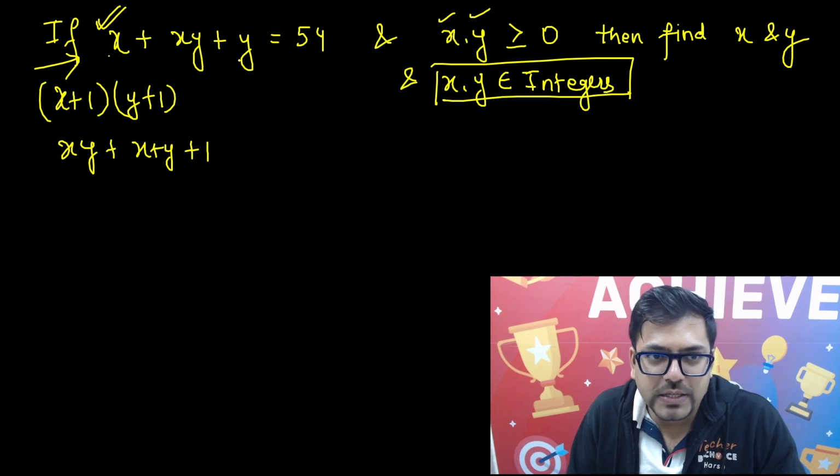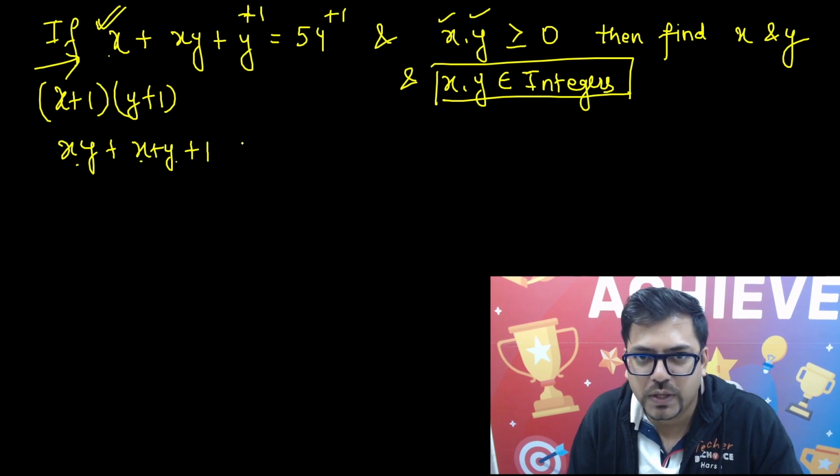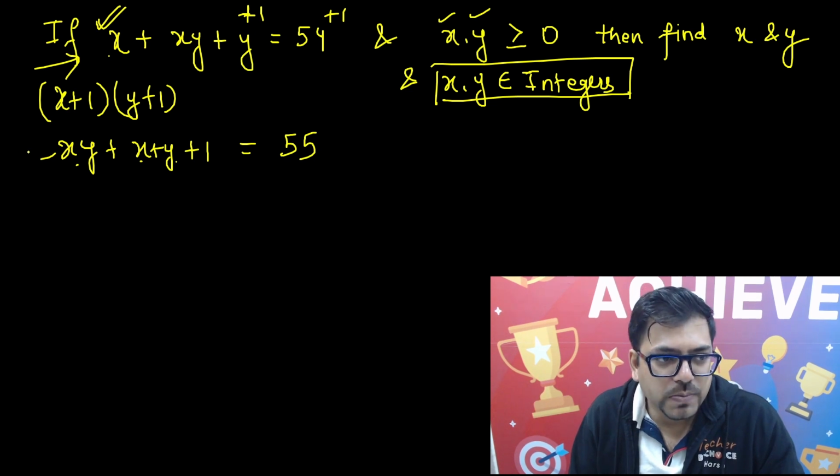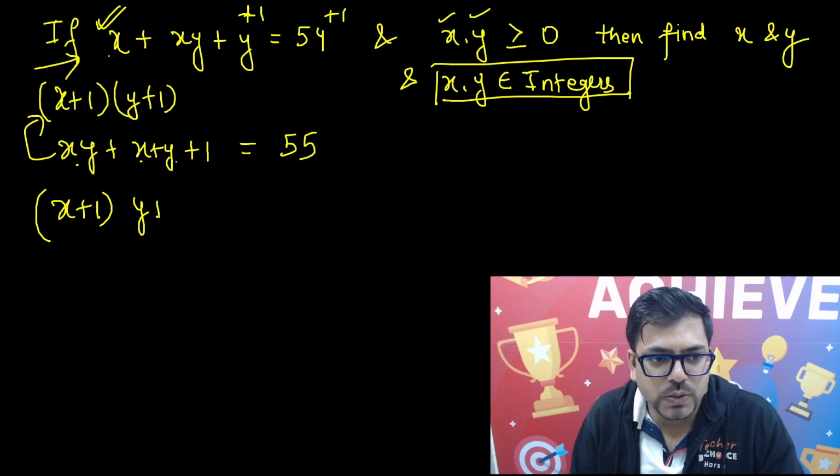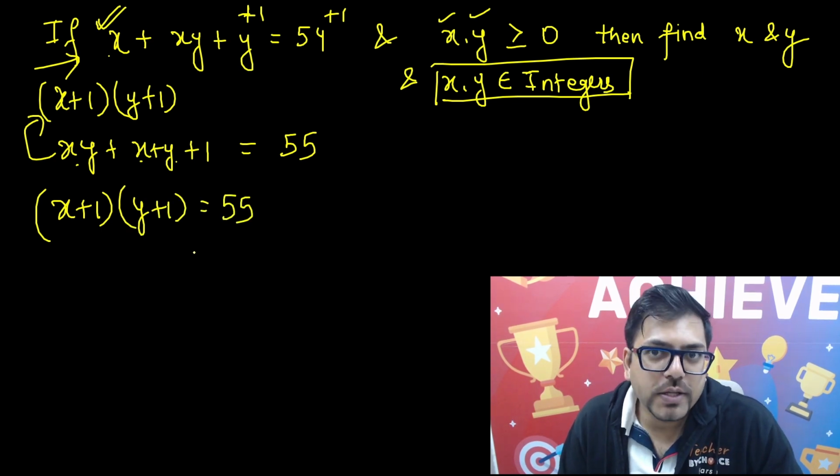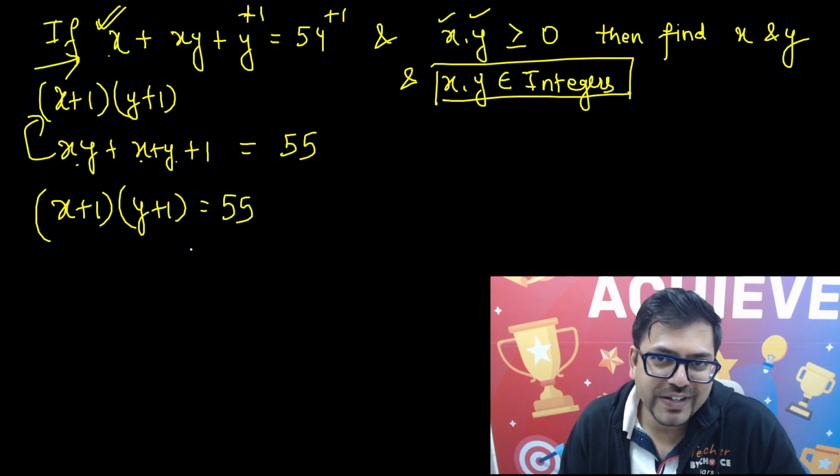So I can very easily write that if I add 1 both sides, I will get xy plus x plus y plus 1 is equal to 55. Very simple. So this is back to this only. So I can write x plus 1 into y plus 1 equals 55. So we have got this: x plus 1 into y plus 1 is equal to 55.